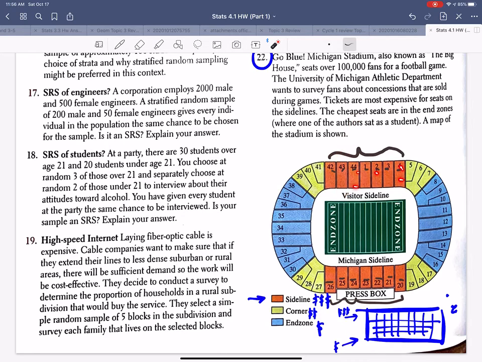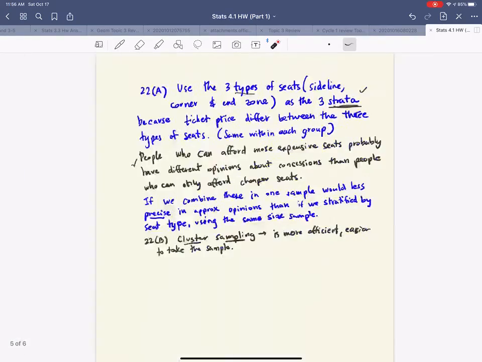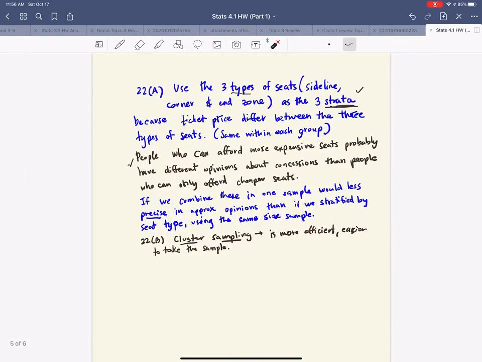Instead of randomly talking to that same amount of people scattered throughout the whole orange section. That's what a cluster sample would be. So let me explain that visually, and I'll explain it in words again.